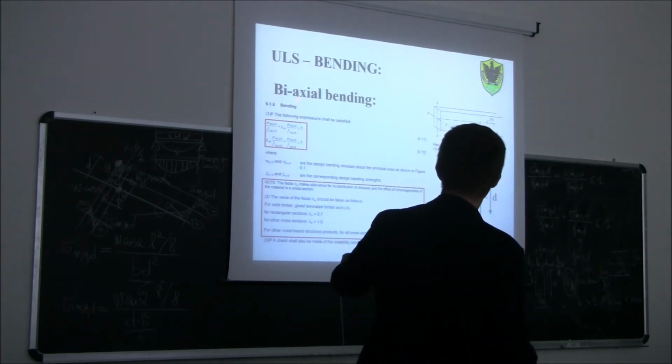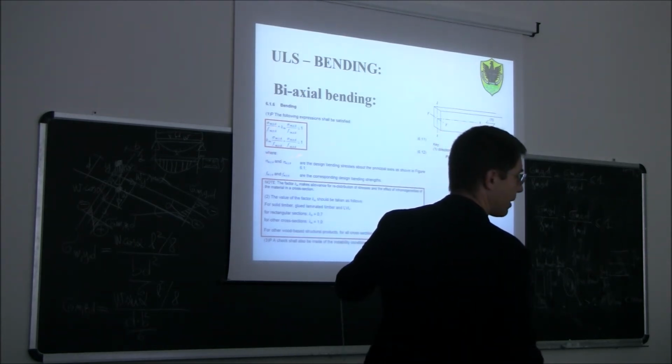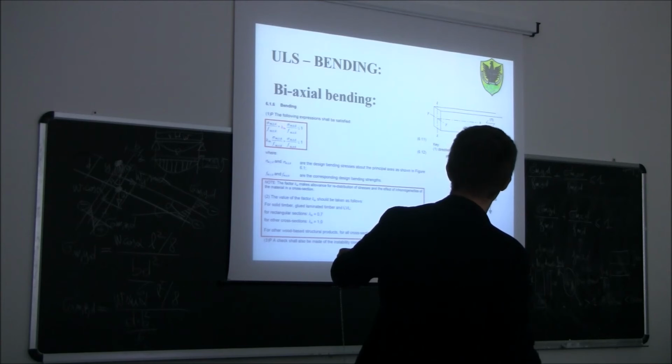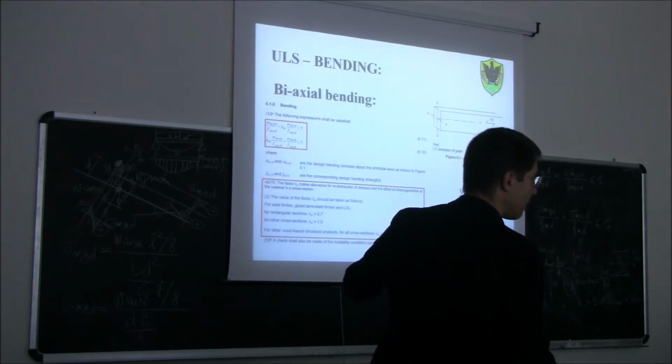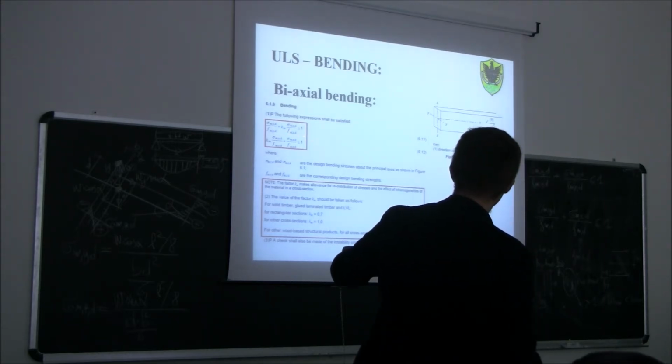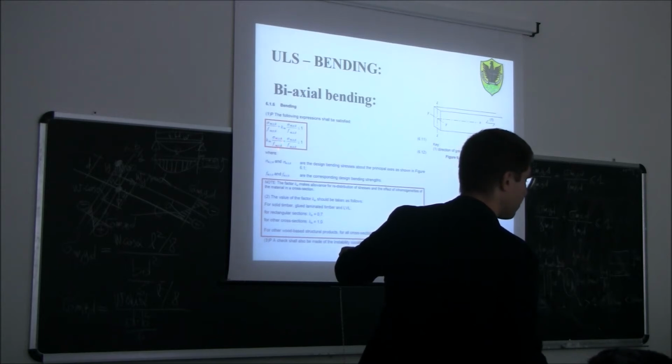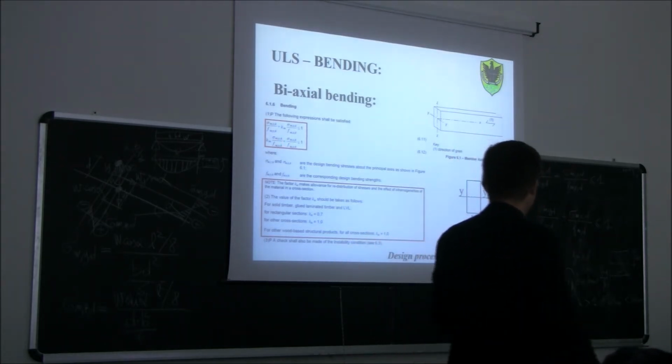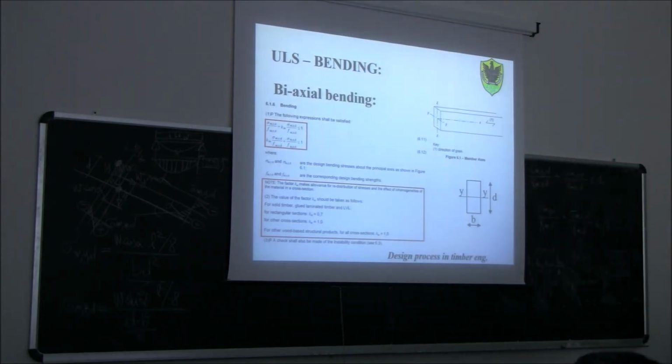So basically you have to apply Km on both ratios, but not at the same time. First you multiply by 0.7 the ratio between sigma_m,z,d and f_m,z,d, you do your check, and then you apply the same factor to the other ratio and you do the check. The check shall be satisfied in the sense that the sum of those ratios shall not exceed 1.